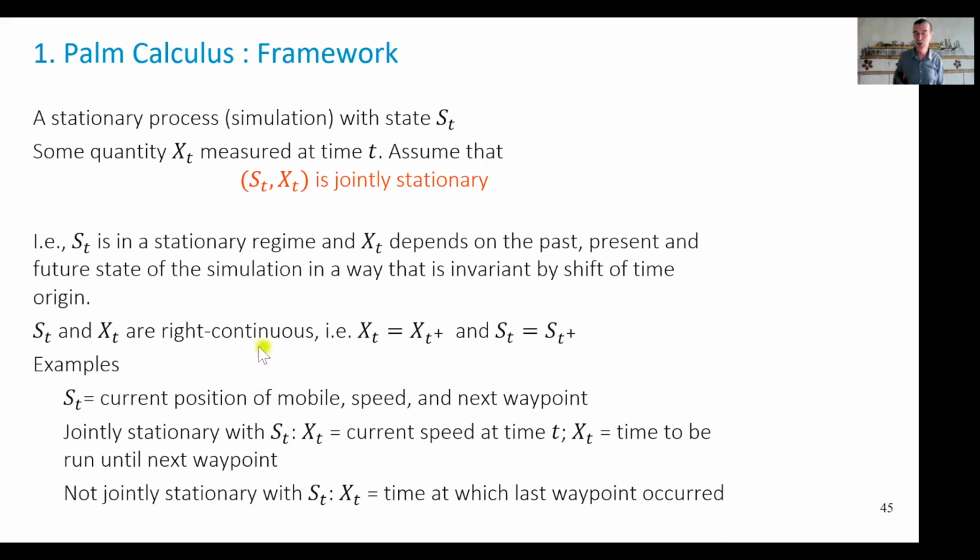One example that you have seen in the labs is if I'm simulating a mobility model like the random waypoint, which is perhaps the simplest non-trivial mobility model. S_t is the state of the simulation. So it contains the current position of the mobile at time t, and also the elements of the trip that it is performing: the speed and the next waypoint.